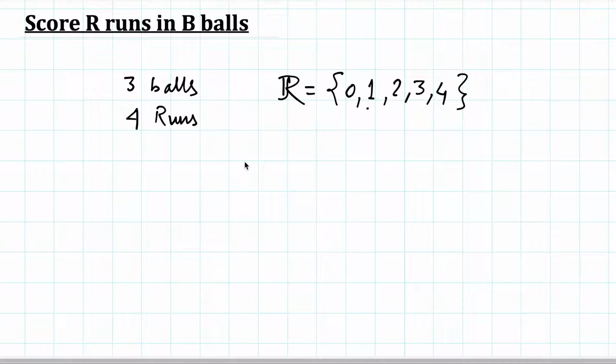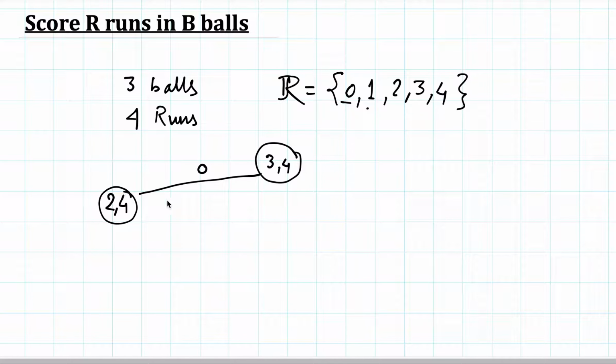So let's see all the scenarios. Our initial state is that we are required to find 3 balls, 4 runs. So one case is that we scored 0 run. Then we will be left with one less delivery, one less ball, but the same number of runs, 2, 4.